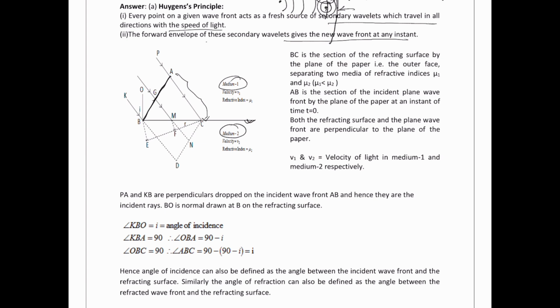But because of this refracting surface, the light coming from G, perpendicular to this wavefront as the incident ray, can travel only MF.